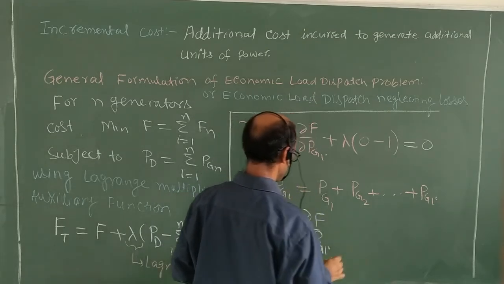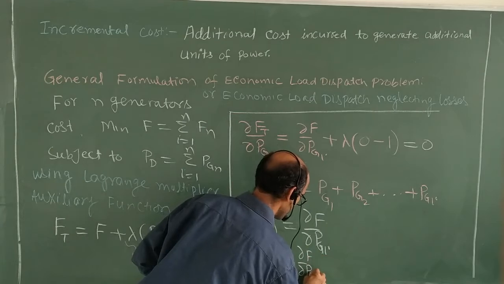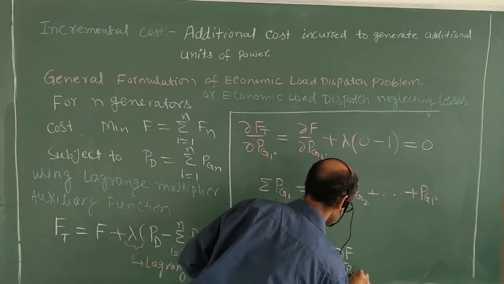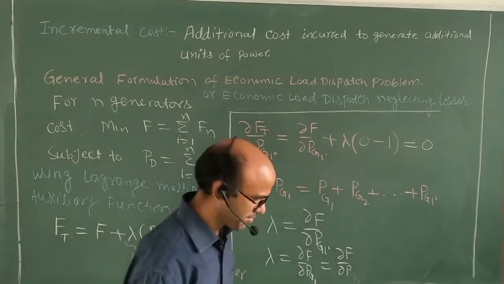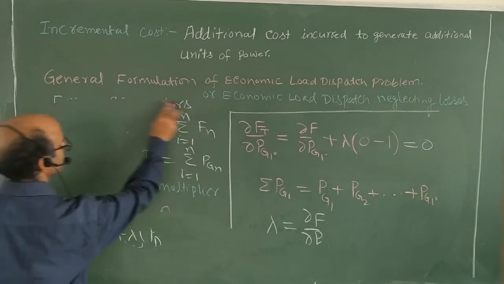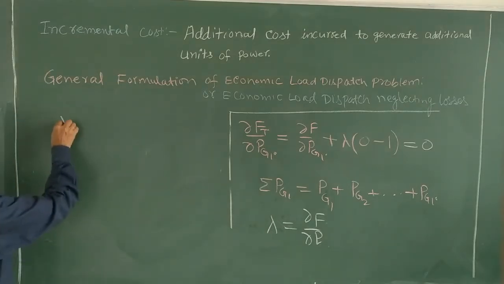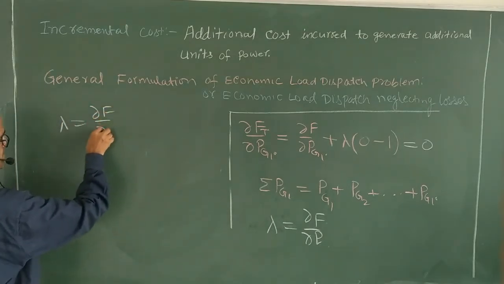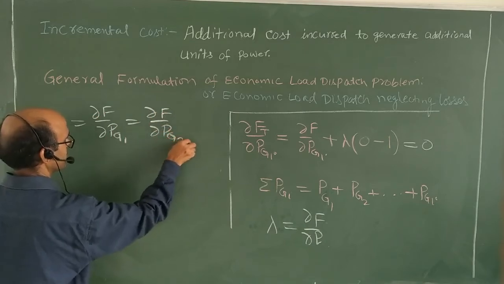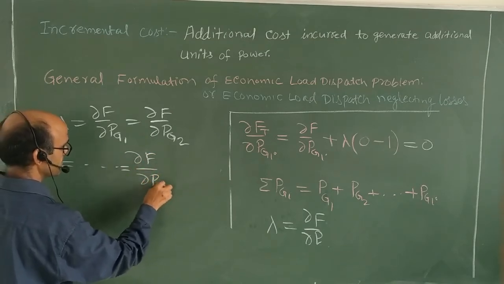So what is the meaning of this? It means lambda equals del F over del Pg1, which equals del F over del Pg2, and so on.